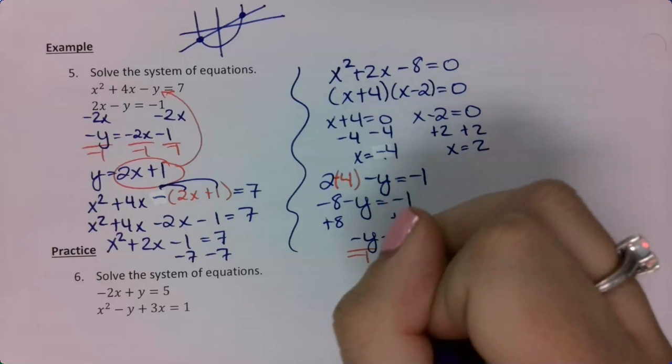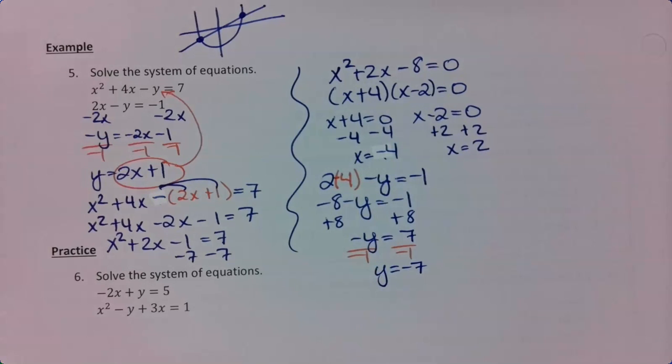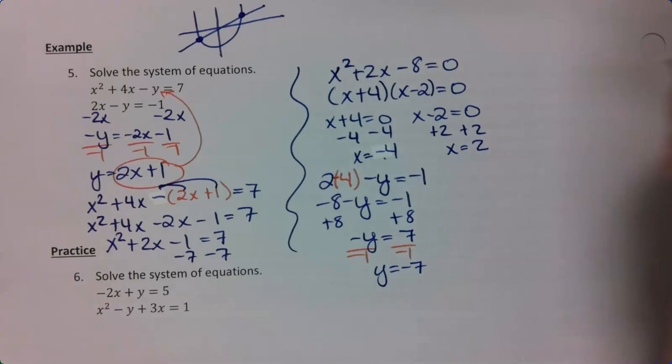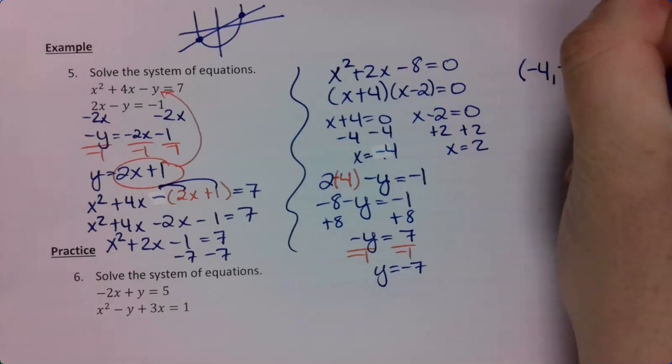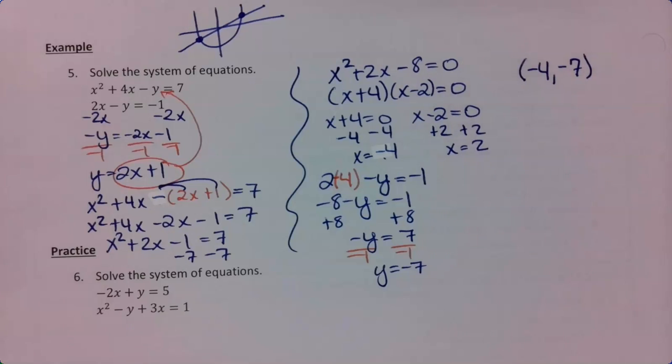So I get y equals negative 7. Put it over here. So my answer here is negative 4, comma, negative 7. That's one of my answers. I'll have a second one, so I'm not going to box it quite yet.